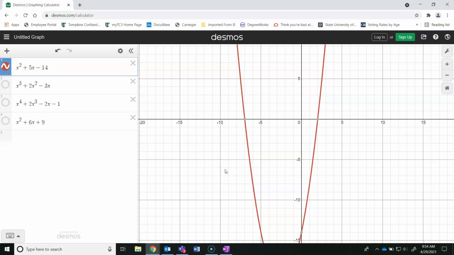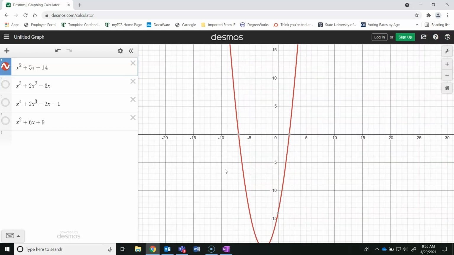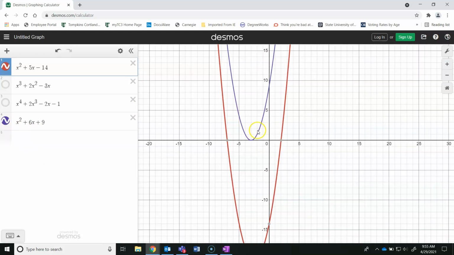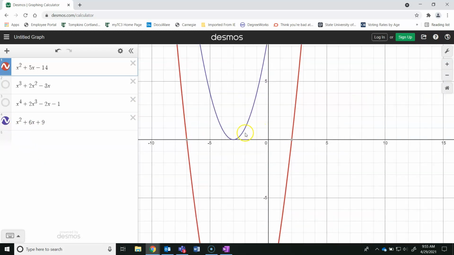Okay, and so we say that a quadratic equation like this can have up to 2 solutions, because you can see with the parabola that it makes, it can cross the x-axis in 2 places. Now we say up to 2 solutions because look at this blue one. This blue one is still a parabola, but it only crosses in 1 spot. Okay, it just touches and goes back up. And I'll show you what that would look like as factoring also.